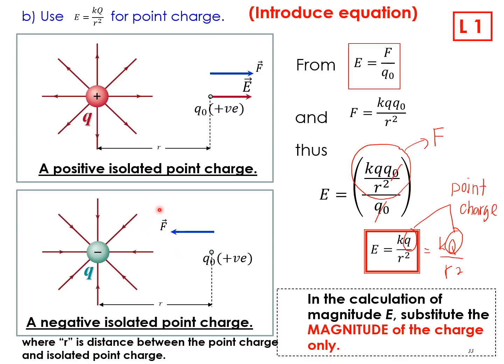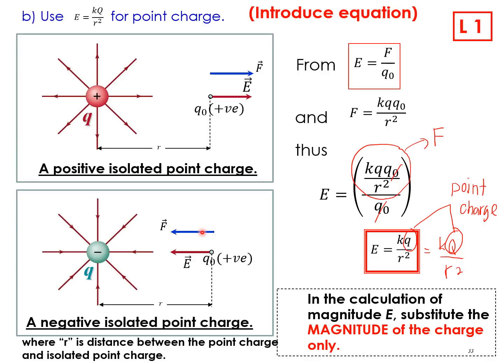That is the direction of electric force if the test charge is positive while the point charge is negative. The direction of electric field depends on the point charge, and since it is negative, the field points inward.